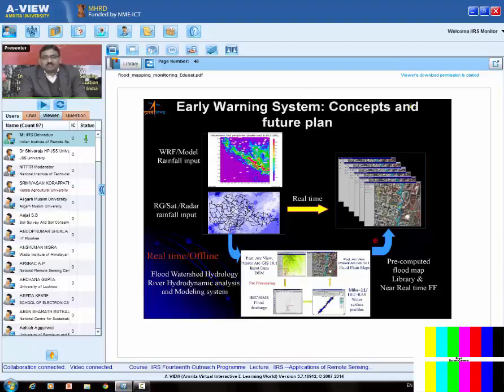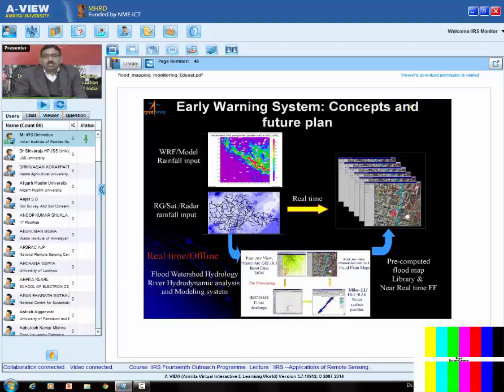The next step is, once you have rainfall information for the future, let's say the next 3 or 4 days, you assimilate all this data into your hydrological model. Maybe the predicted rainfall data for tomorrow, the day after tomorrow, all these watershed characteristics, rainfall, river information, cross sections and all.